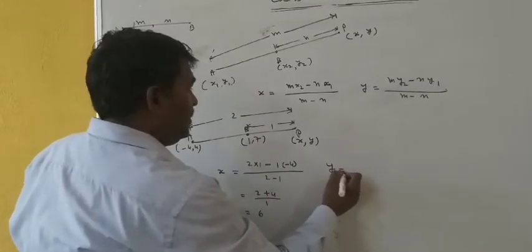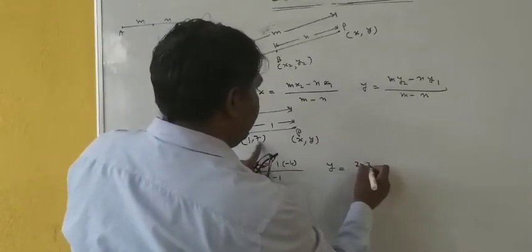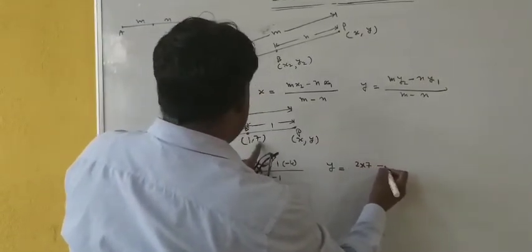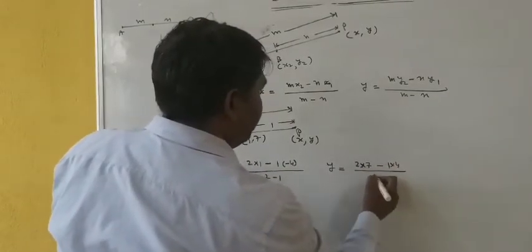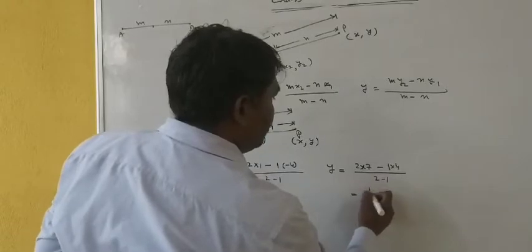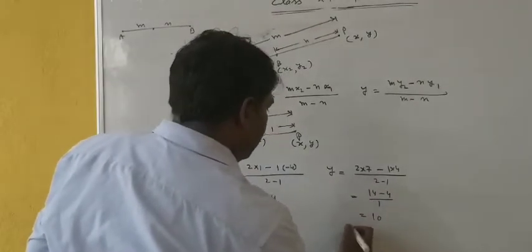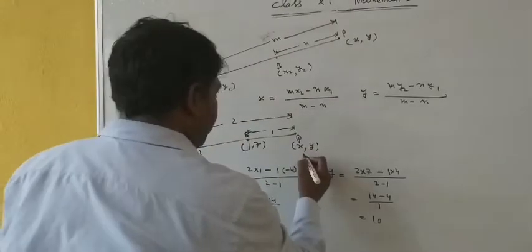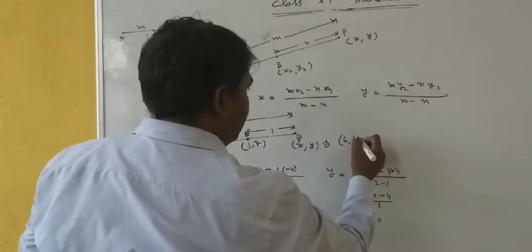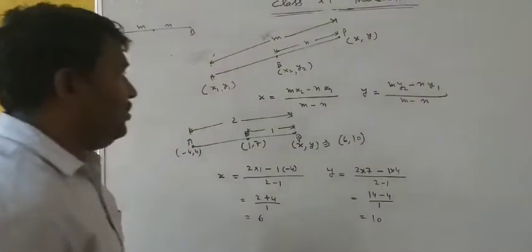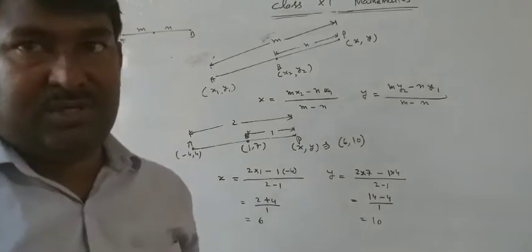Similarly the y coordinate is m y2, 2 into 7, minus n y1, 1 into 4, divided by 2 minus 1 again, so 14 minus 4 divided by 1, this is 10. So the coordinate of this point can be written as 6 comma 10. In this way we can apply external division, right?